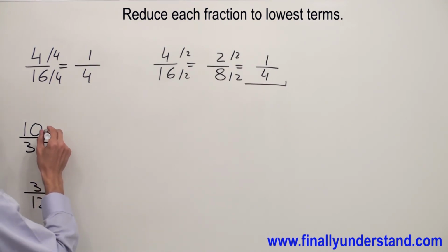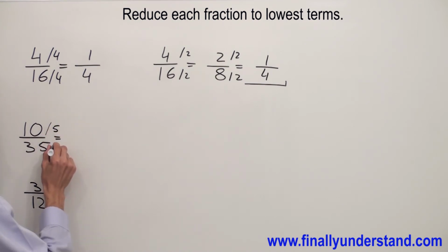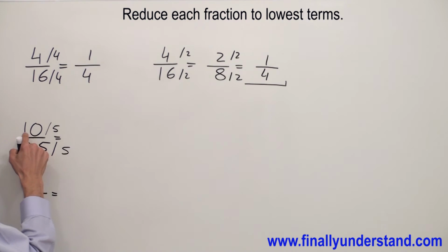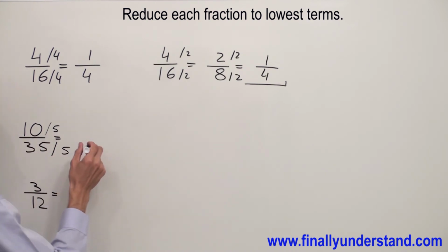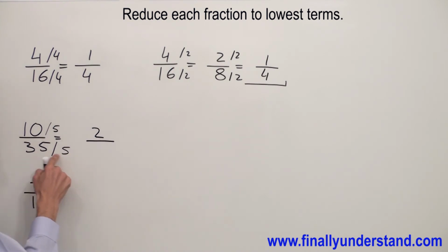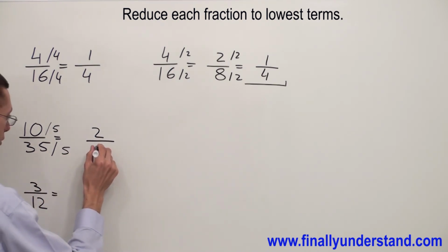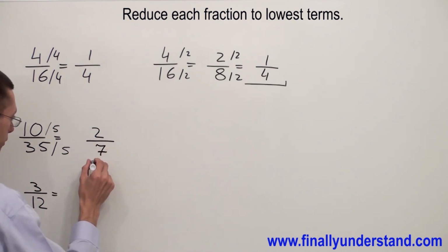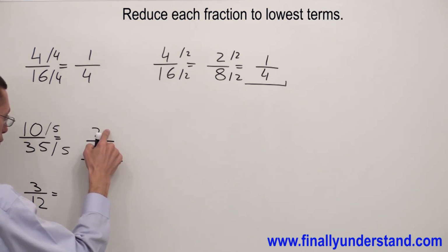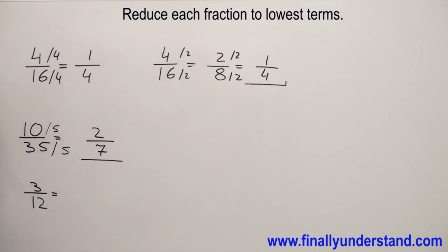So, I'm going to divide 10 by 5, and 35 is divisible also by 5. 10 divided by 5 is 2. 35 divided by 5 is 7. Okay? There is no common factor which would reduce this fraction further, so that's why this is my answer.